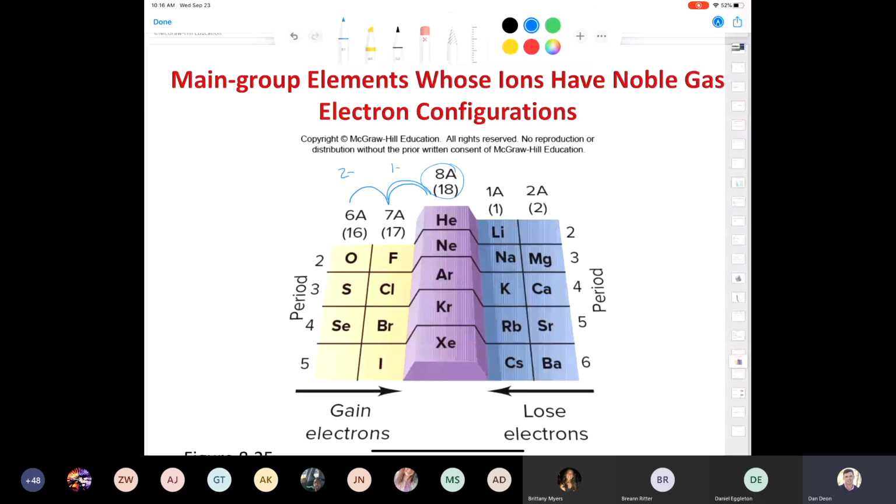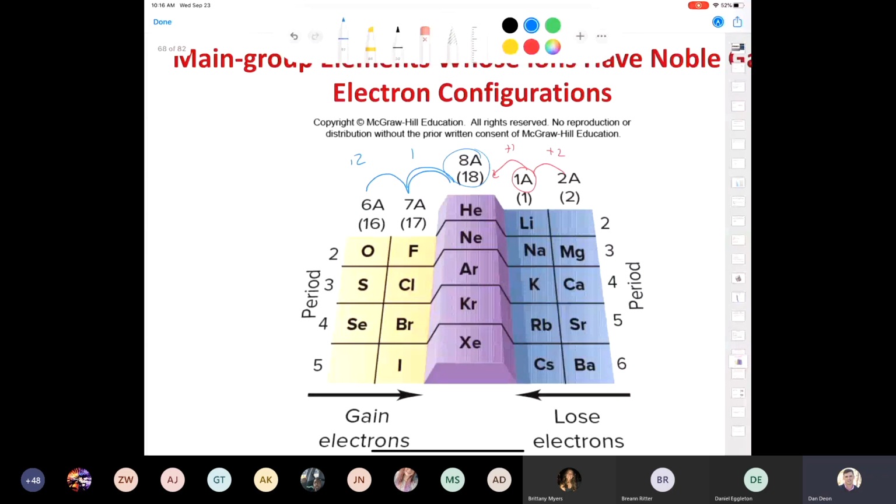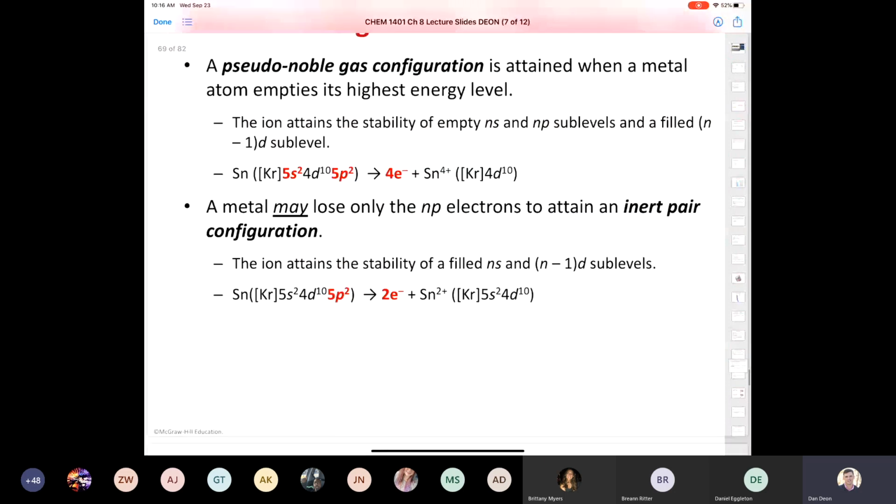The alkali metals have to lose 1 electron, and that's why they have a +1 charge, and that's why these guys have a +2 charge. Anyhow, there you go. Okay, let's move on from there.